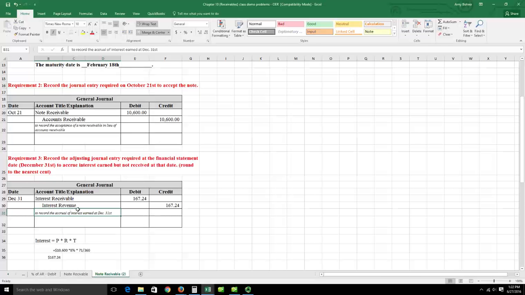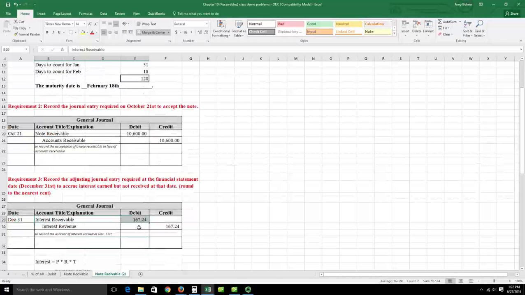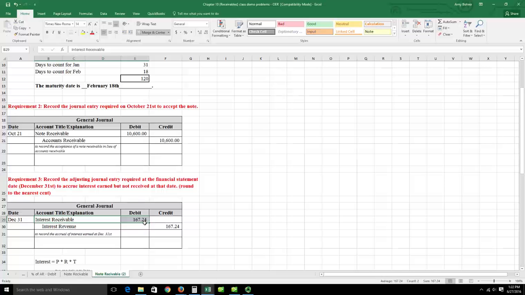So revenue accounts get increased with a credit, and so when I credit that increases my revenue, and asset accounts get increased with a debit, and so when I record that increases my assets on my balance sheet. And it shows that the customer now owes us $10,600 in principal and $167.24 in interest for those 71 days that we've earned thus far. Okay, so that's the journal entry that you would make on December 31st to accrue the interest that you've earned but have not received yet.